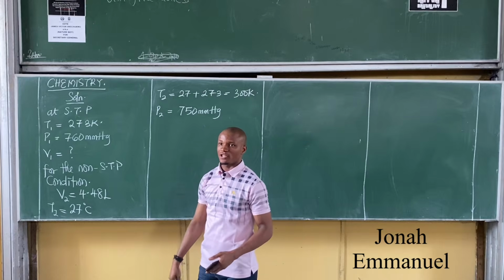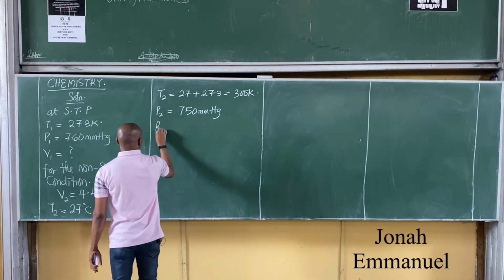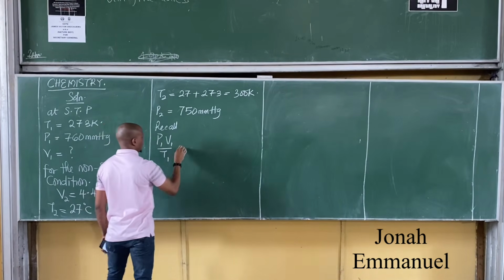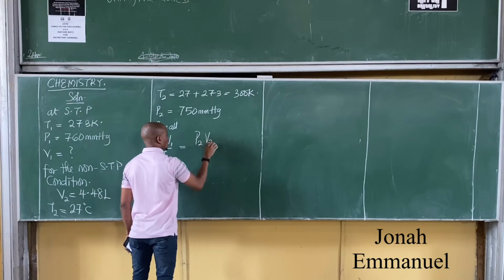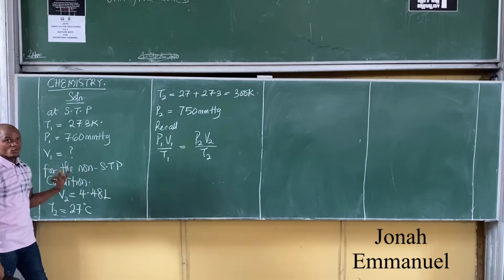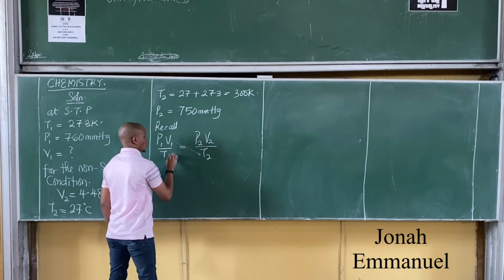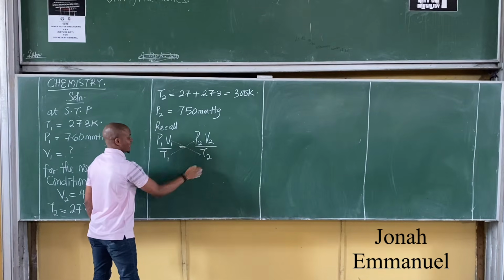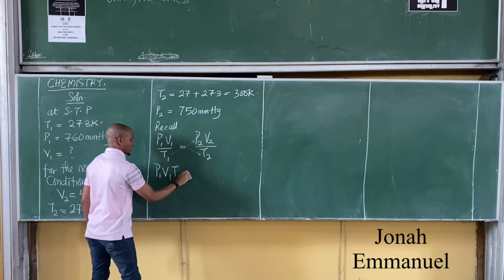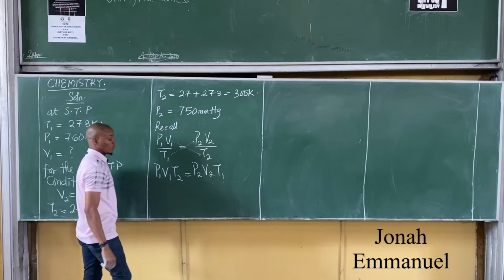Obviously, this becomes an equation on the ideal gas equation. Recall that we said V1 over T1 is equal to V2 over T2. We want to get the value of V1, so make V1 the subject of the formula. This times this, I have V1 T2 is equal to V2 T1.